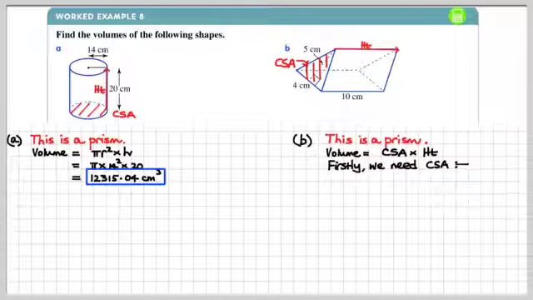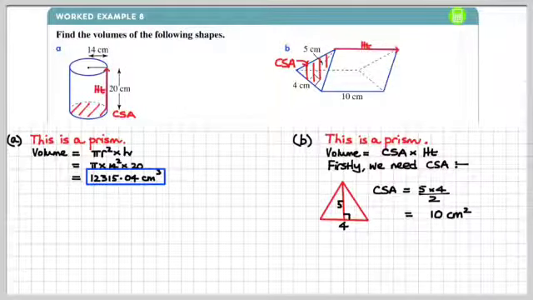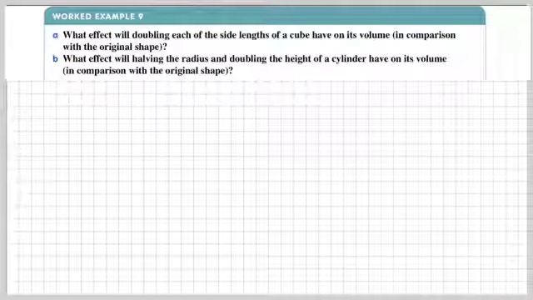First of all, we need the cross-sectional area, which is just the area of a triangle, isn't it? So we get half 4 times 5, and we get 10 square centimetres out of that. And if we multiply that 10 square centimetres by the height, or the length along this ridge, which happens to be 10, we will get the volume is 100 cubic centimetres. Yeah, very good.